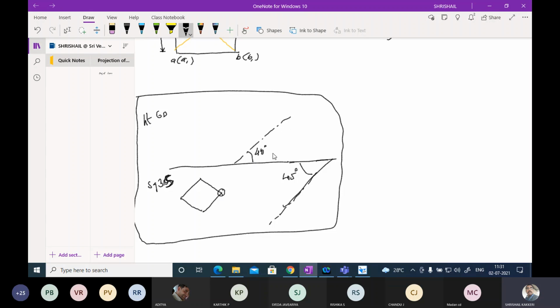That means it is inclined to the horizontal plane, and the axis appears to be inclined at an angle of 45 degrees to the vertical plane. This is the problem they have given us.